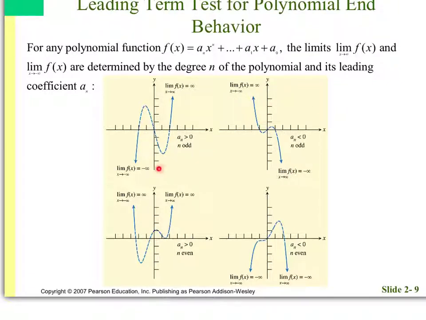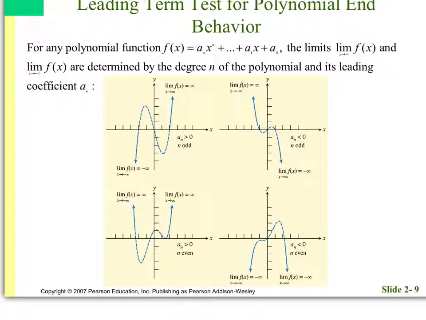For even degrees, they're the same. They're either both positive or both negative. What they're saying is, as x goes to positive infinity, so as we're moving to the right, what is y doing? It's going up. As we move left, what is the y doing? It's going down. So that's why it's positive infinity, negative infinity.